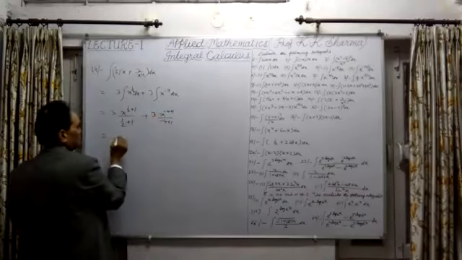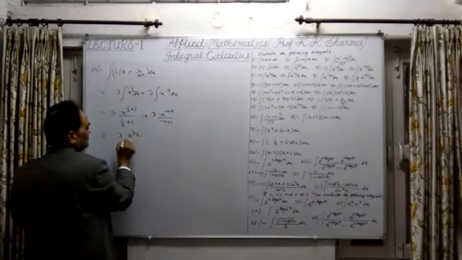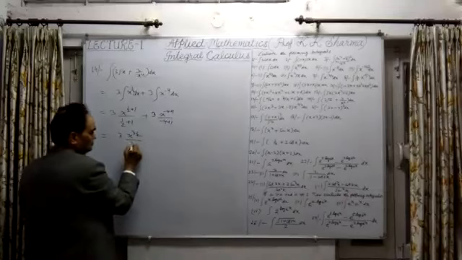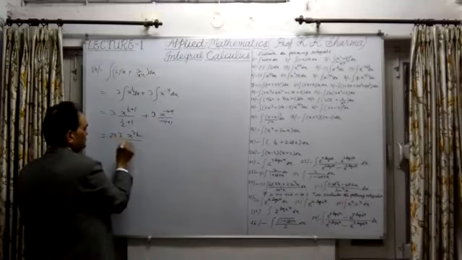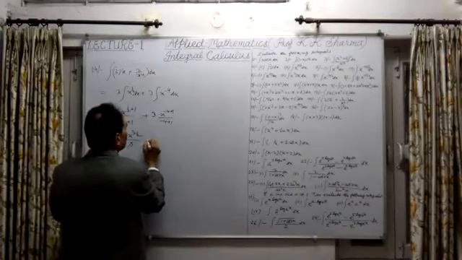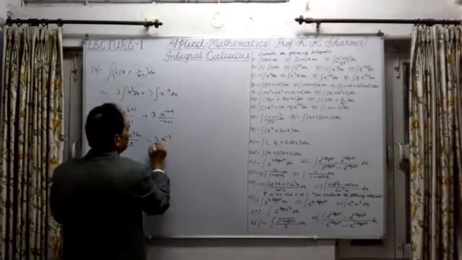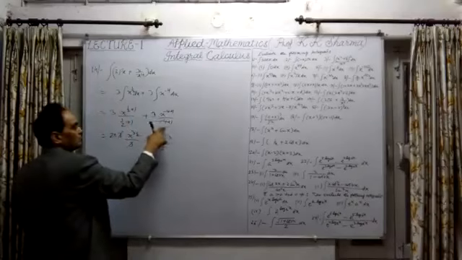Okay, so let me further solve it. This is 3 into x raised to power 3 by 2. In the denominator we will have 3 upon 2, that means 2 will come in the numerator, this 3 we cancel out. Plus, this is minus 3 in the denominator. This is 3 into x raised to power minus 3 upon minus 3. This we cancel out, while negative, because minus 4 plus 1 is minus 3.